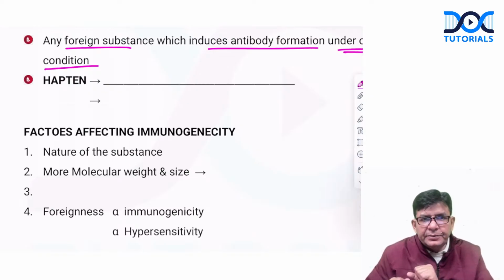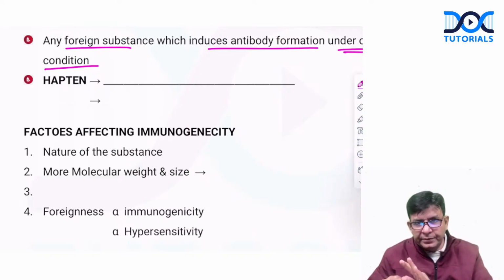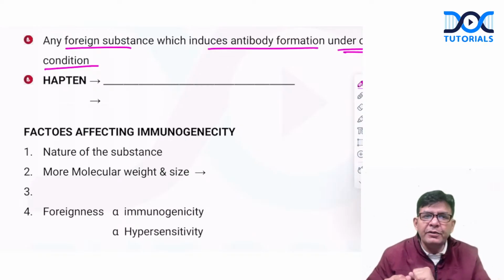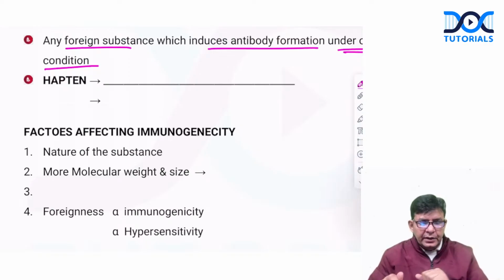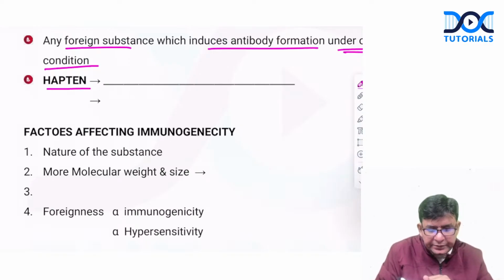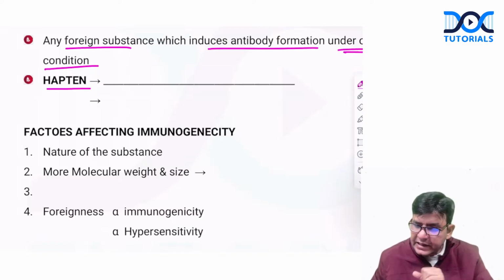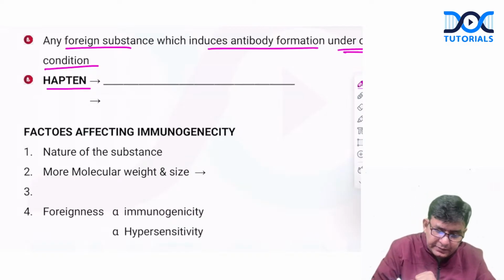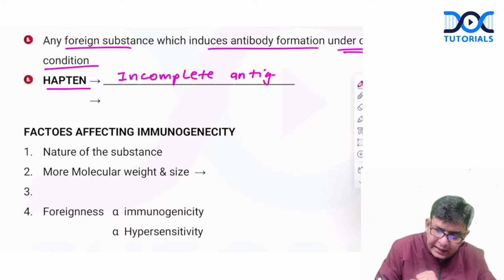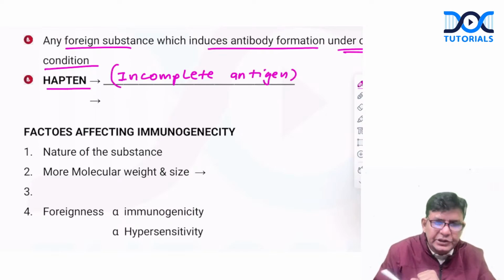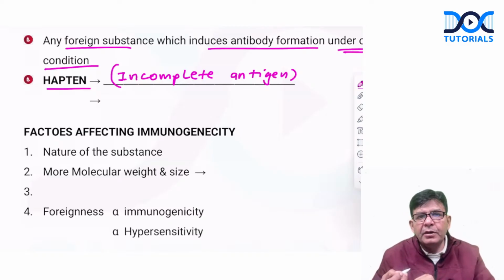This particular antigen is also said to be an immunogen because it induces what? The antibody formation. Okay. Now, hapten. This particular word you will also see again and again. What is hapten? Hapten is an incomplete antigen, and this incomplete antigen is not capable of inducing antibody formation.